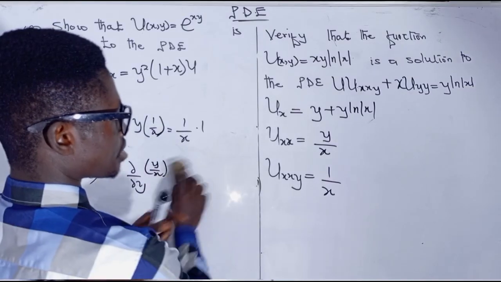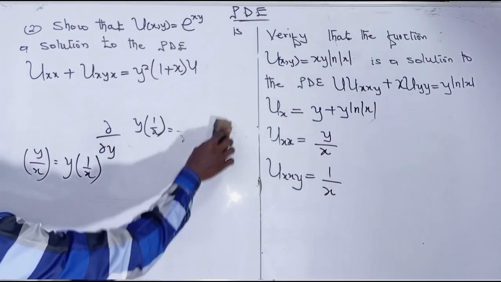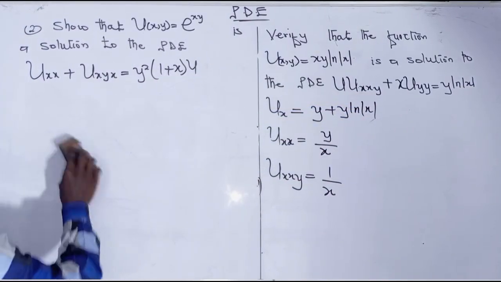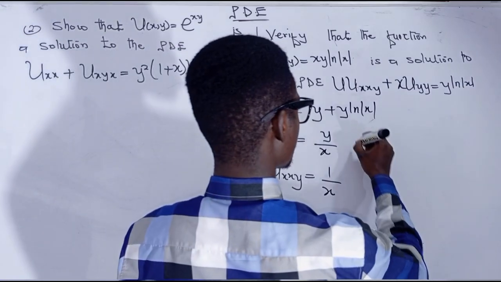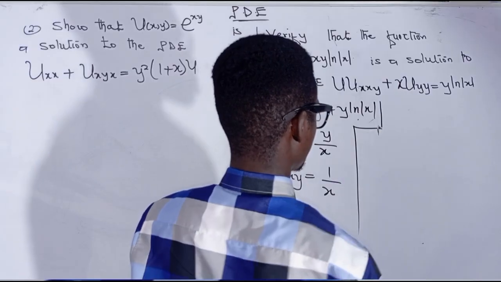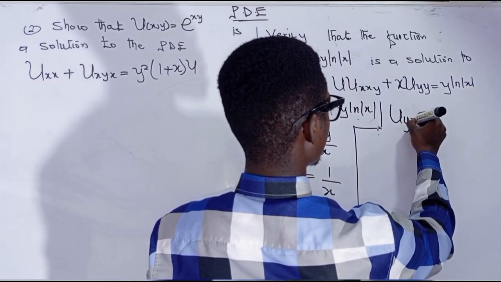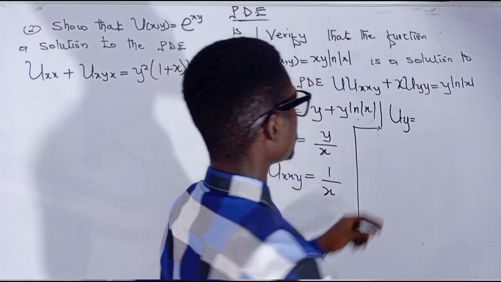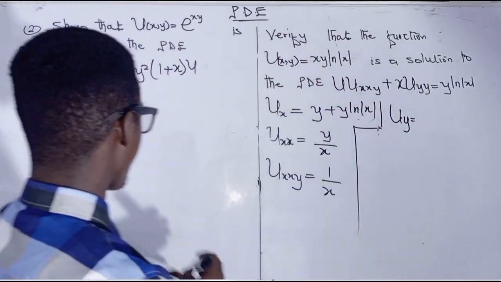Now once we are done with this part, we move on to the second partial derivative of the function with respect to y. So we have uy, that is the first partial derivative of this function with respect to y.